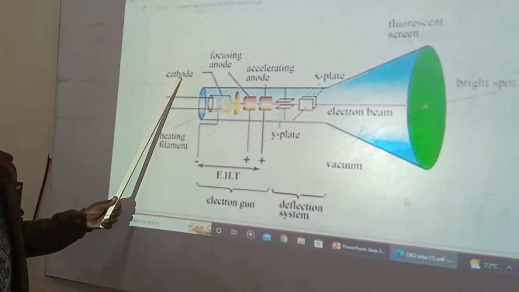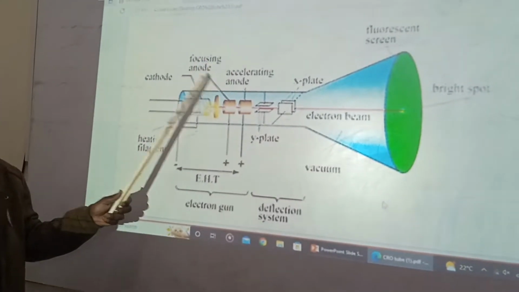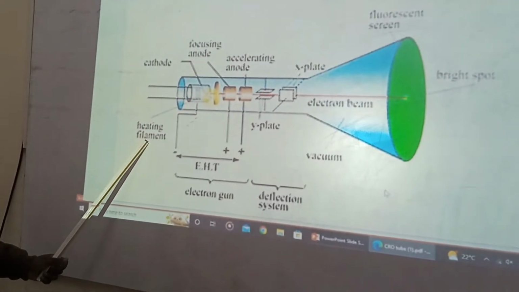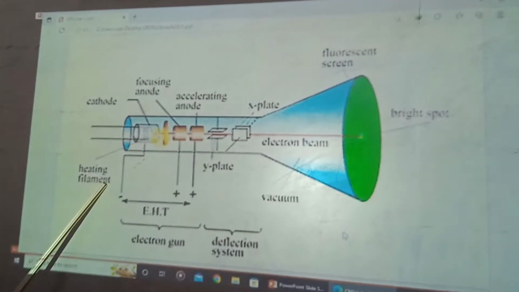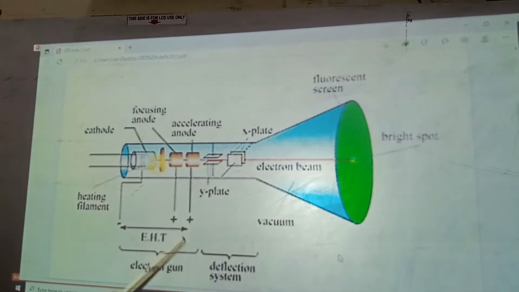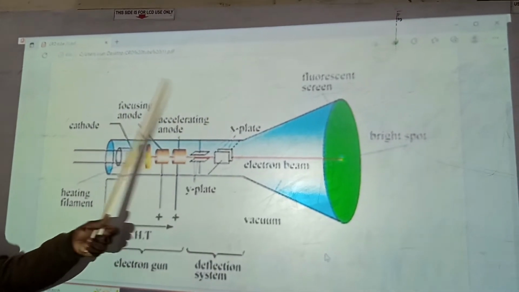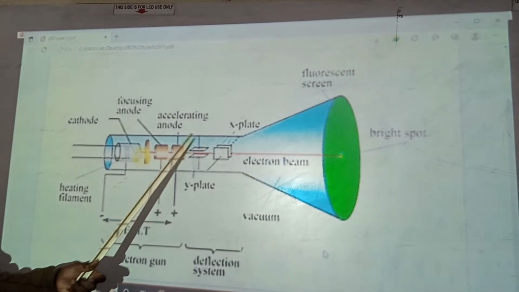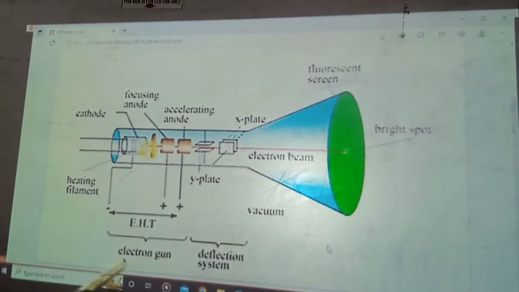The cathode is the negative terminal, while the anode is the positive terminal of the cathode ray tube. It also has the heating filament. Then we move to the electron gun. The electron gun consists of two anodes: a focusing anode and an accelerating anode.